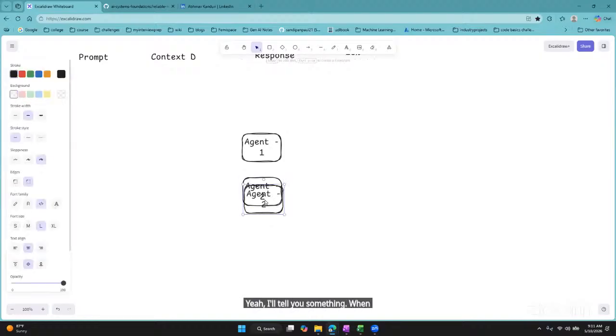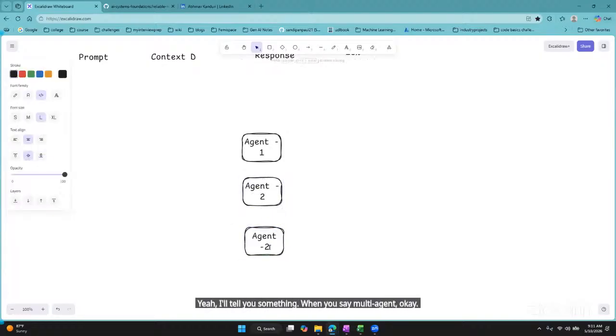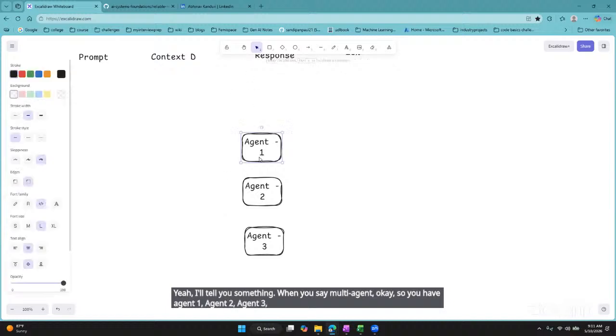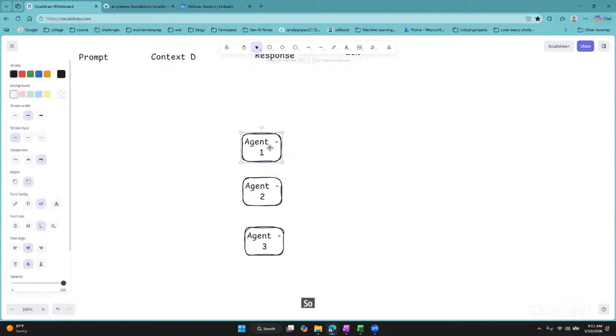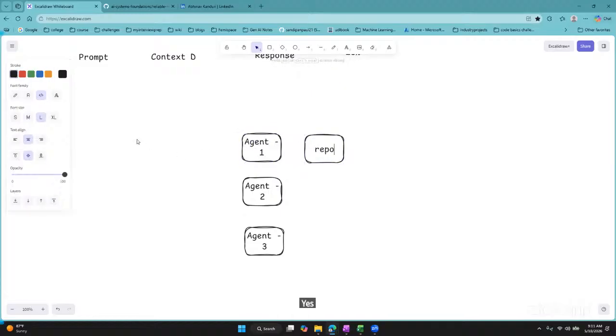When you say multi-agent, you have agent one, agent two, agent three, right? So agent one is nothing but an LLM call and you are getting a response, right? Is it a true statement? No, let me make it clear.